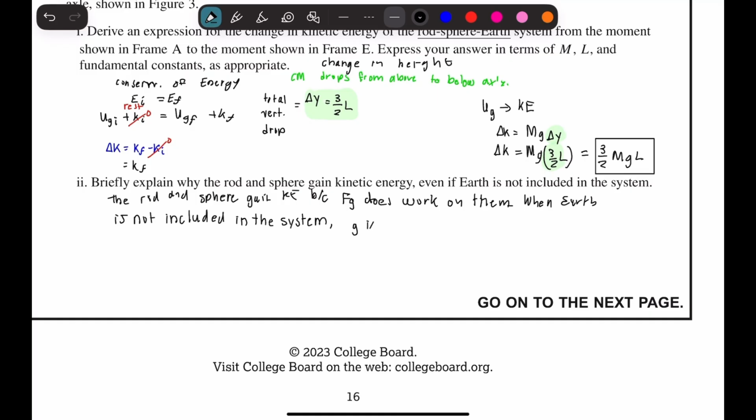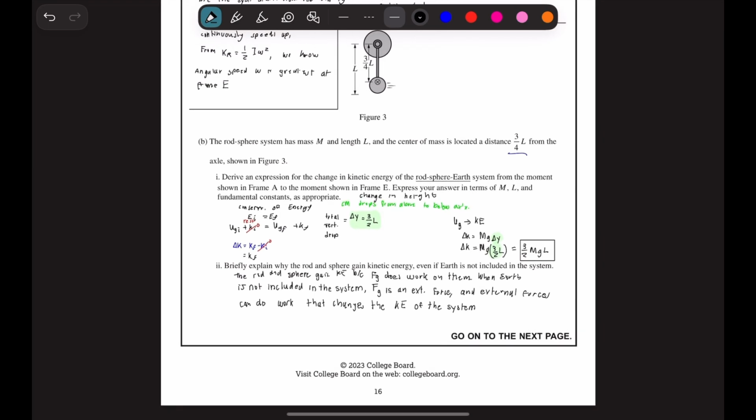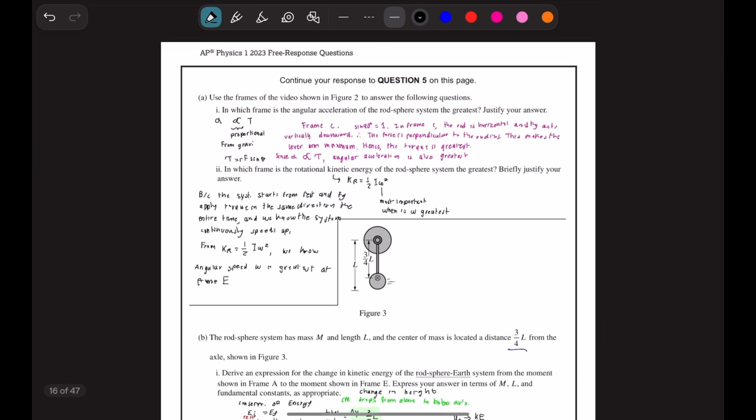FG is an external force, and external forces can do work that changes the kinetic energy of the system. So in total, you should have completed, this is question 5.